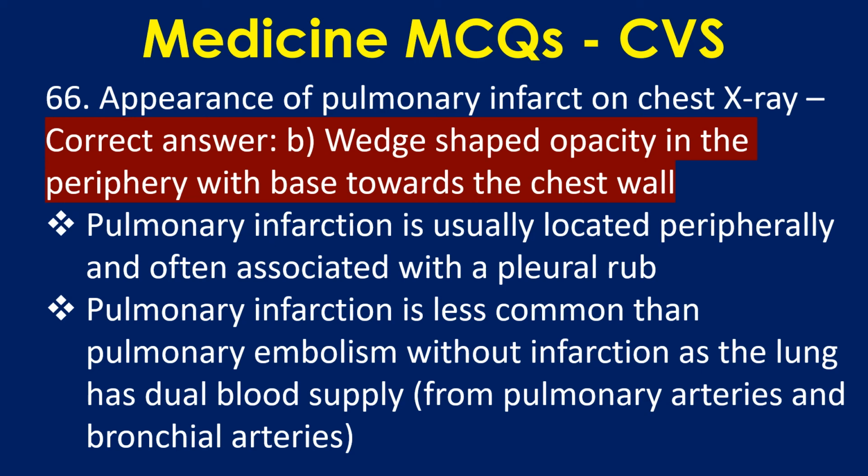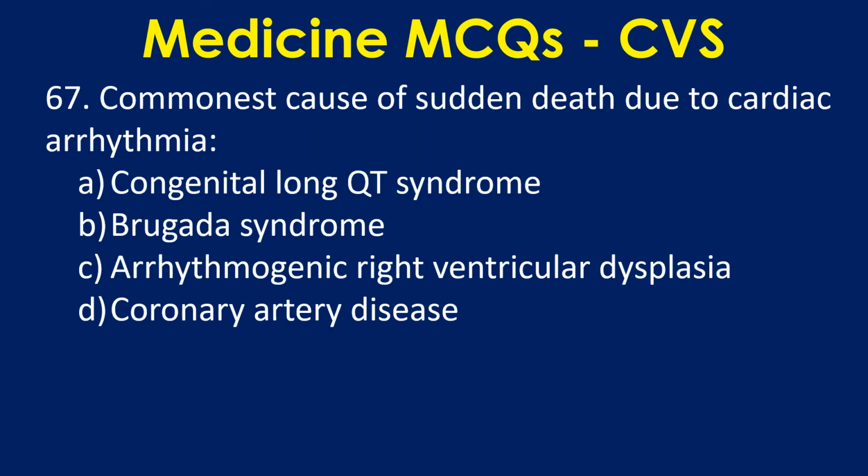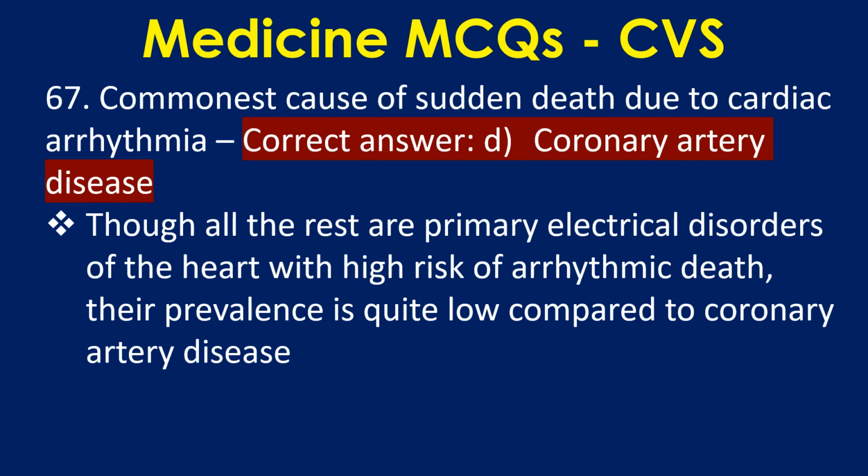Commonest cause of sudden death due to cardiac arrhythmia: A. Congenital long QT syndrome, B. Brugada syndrome, C. Arrhythmogenic right ventricular dysplasia, D. Coronary artery disease. Correct answer: D. Coronary artery disease.